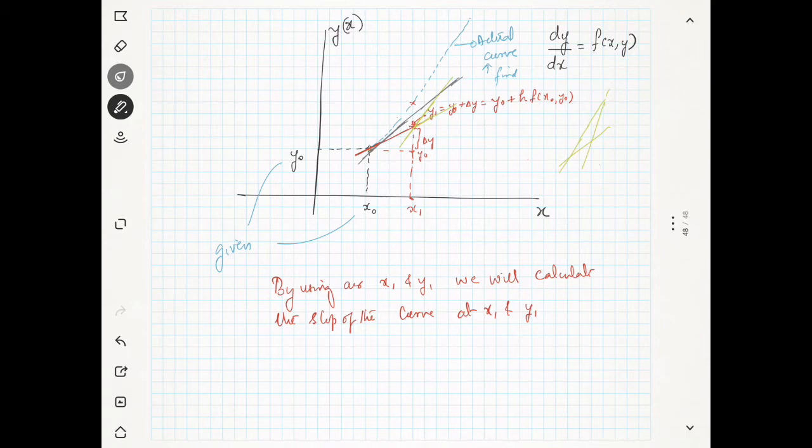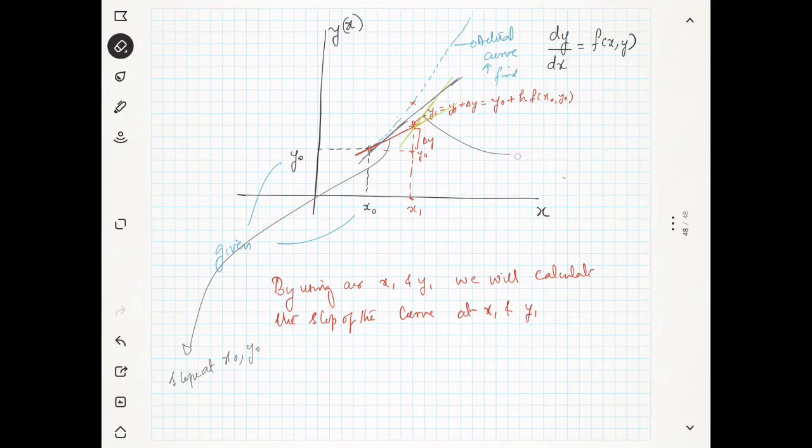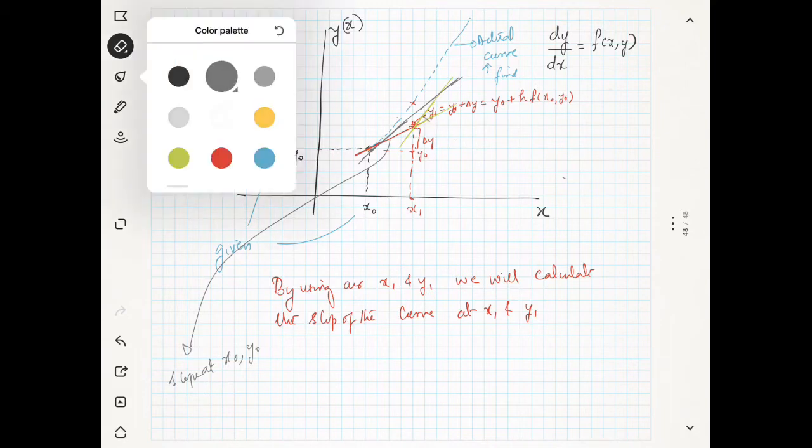So this was the slope at x0, y0, and this is the slope that you have got. I will show it with a different color.